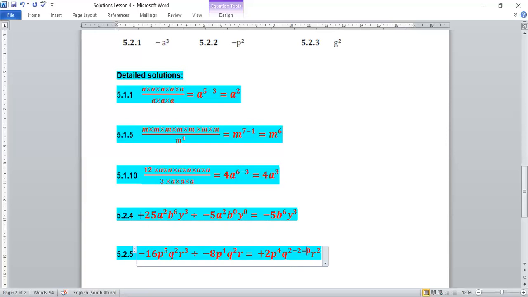And anything to the 0 is 1. So your final solution for this is 2p exponent 4 r.